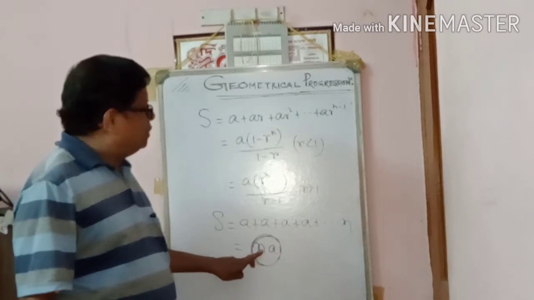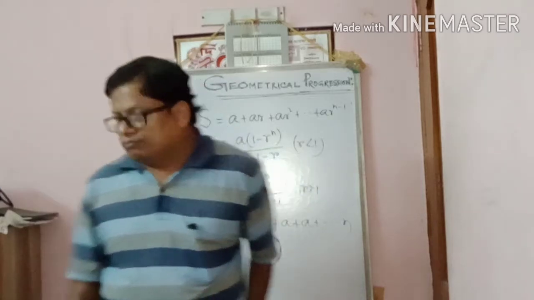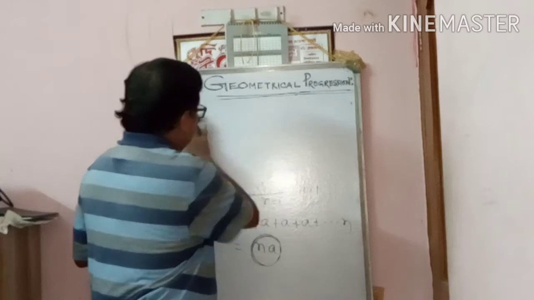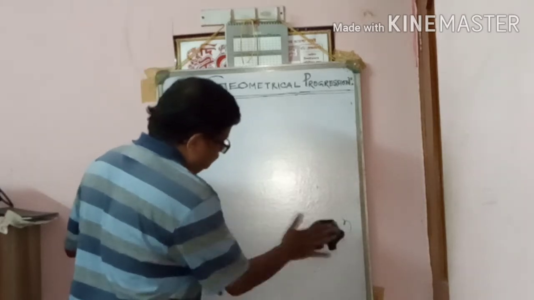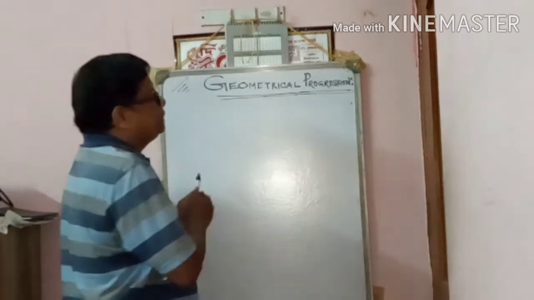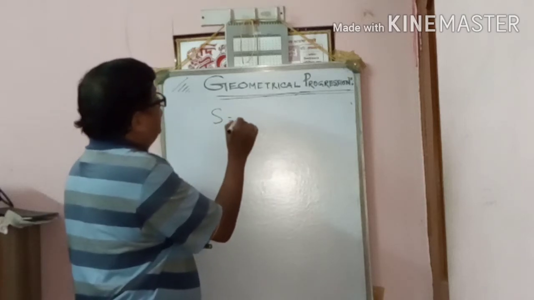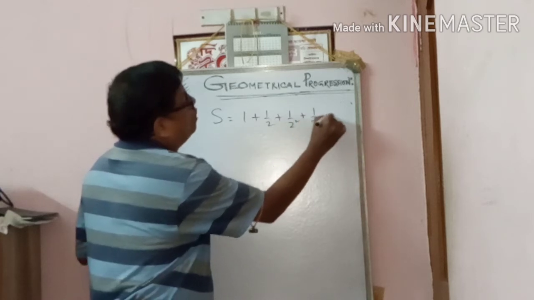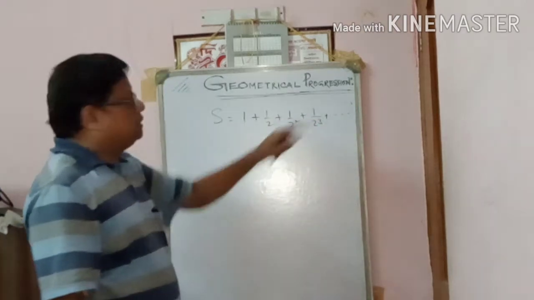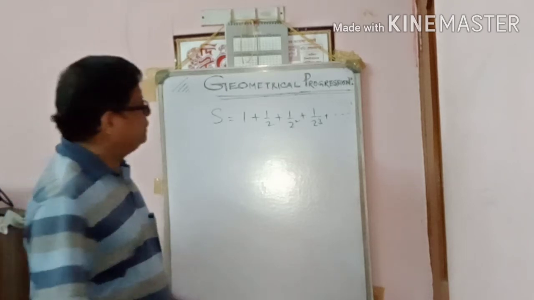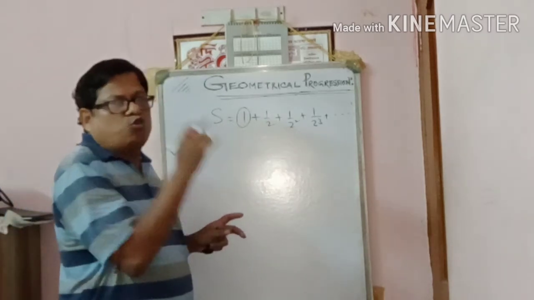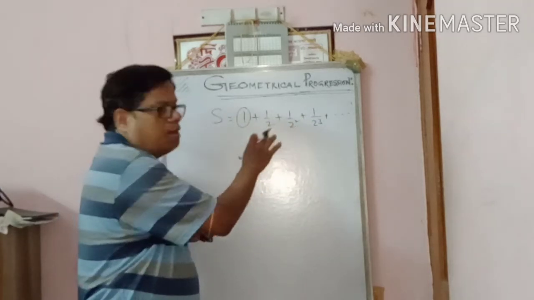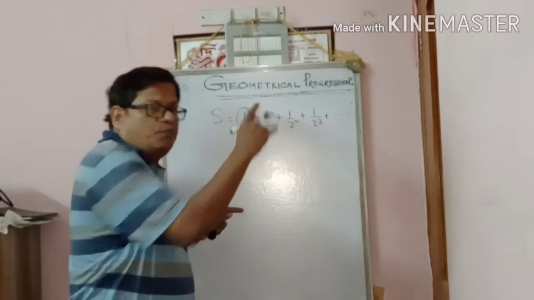Okay. Suppose I am giving one example. Look at here. Sum. Which formula can I apply? Suppose find 1 plus half plus 1 by 2 square plus 1 by 2 cube up to n terms. Find the sum of the GP. How to find? See, A equal to the first term 1, common ratio half divided by 1, half, 1 by 2 square divided by half also.